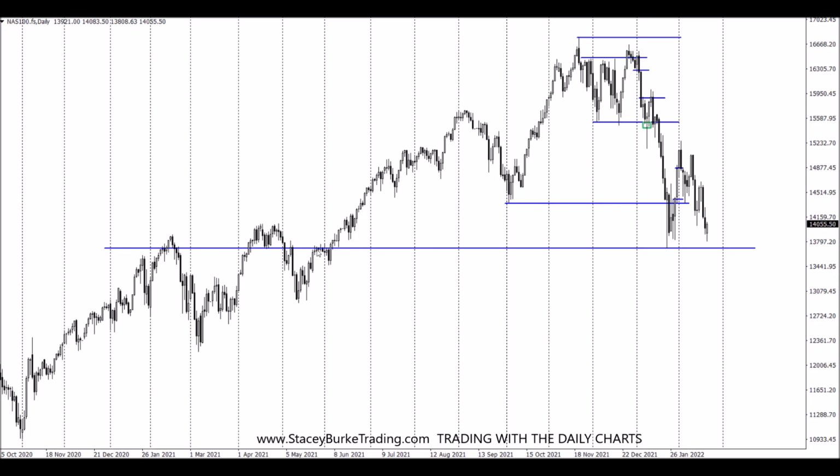So this level roughly in the area of 13,750, somewhere in there, 14,000, sorry, could end up being some kind of level of support or resistance. If this market was to break, hard to say where it could go. But if it coils and squeezes, we could get an explosion back up towards the beginning or the high of the month. The first place would be the lower high that they made last week.